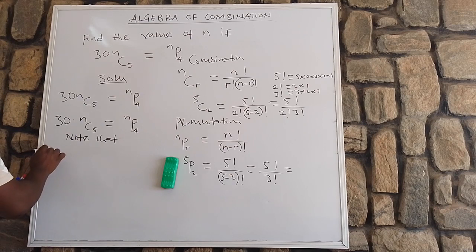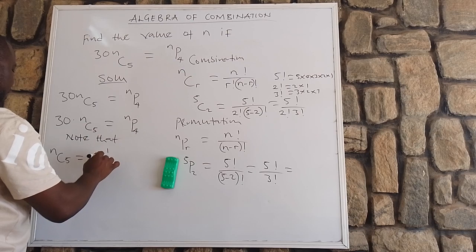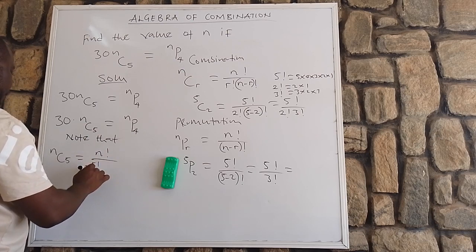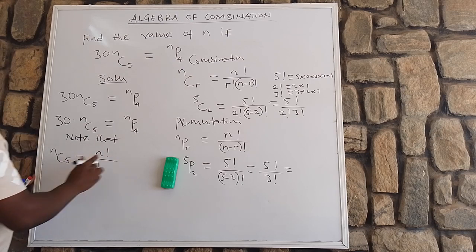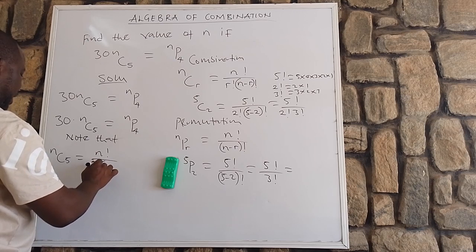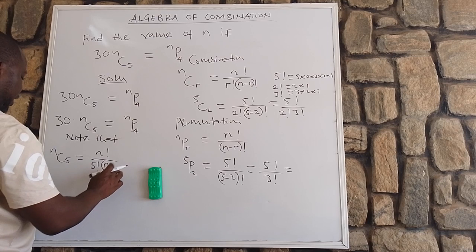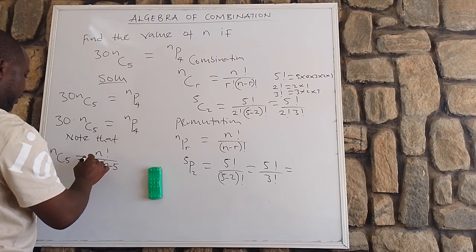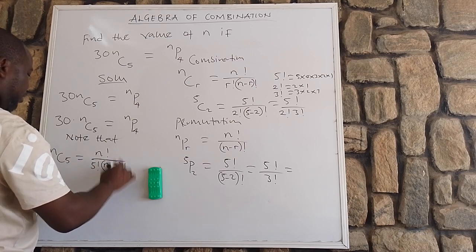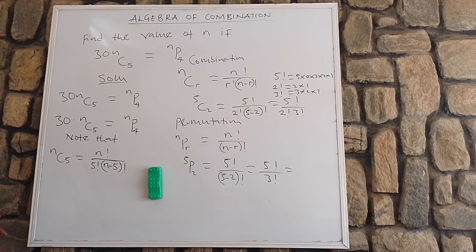If you want to go by this formula, note that n combination 5 is the same thing as n factorial all over 5 factorial times (n minus 5) factorial, because your r is 5. Do you agree with me?